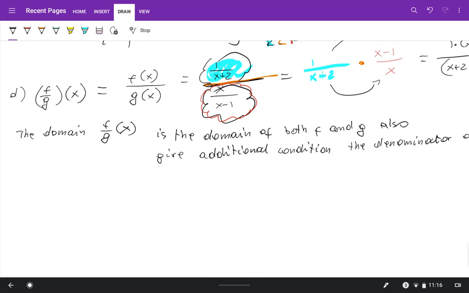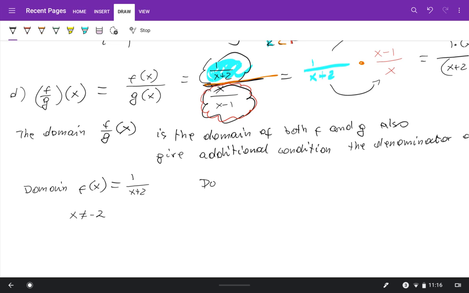So only with the quotient, we know the domain of function f of x. Again, function f of x was 1 over x plus 2. We know the domain of this function was x cannot be equal to negative 2.